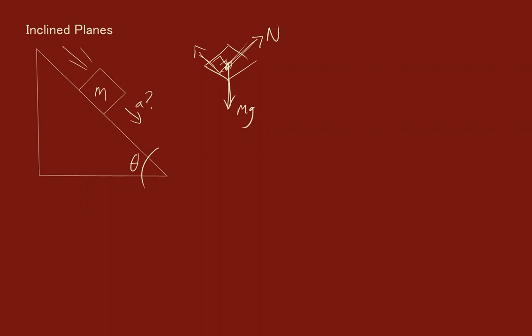So if the box is sliding down, it would be up the incline. If the box was being pushed up or sliding up, then the friction would be perpendicular to the normal but parallel to the plane and down the plane. But for now, let's just assume smooth incline.